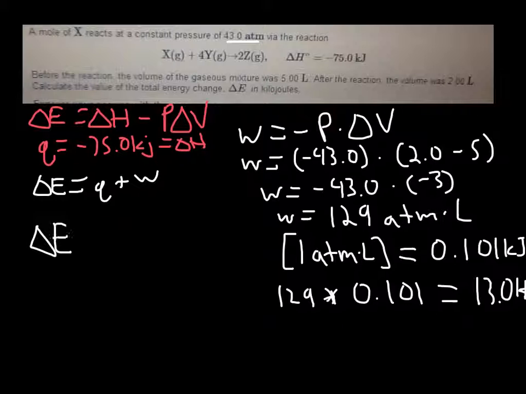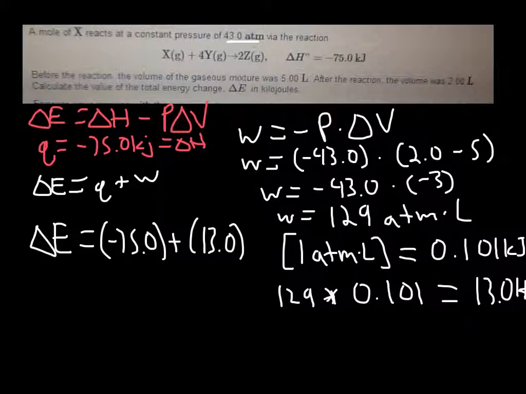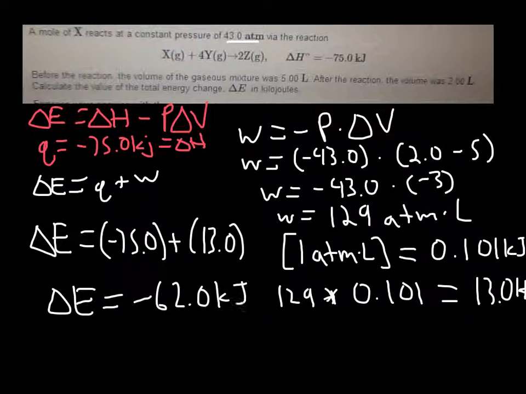So delta E equals minus 75 plus 13.0, and I got roughly delta E equals negative 62.0 kilojoules. That's my answer. If anyone has any questions, we can go over this in class more.